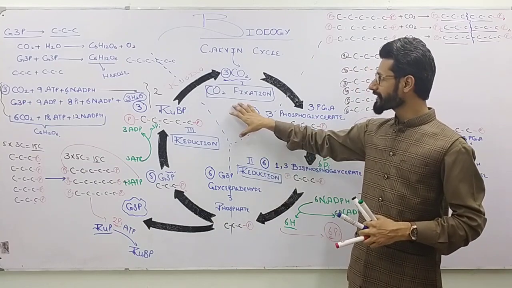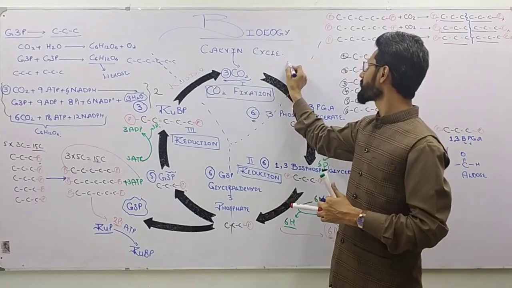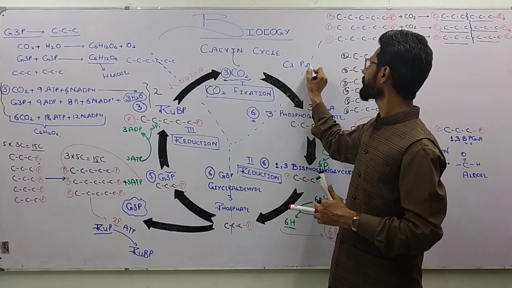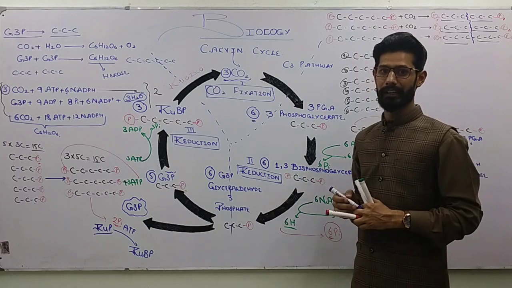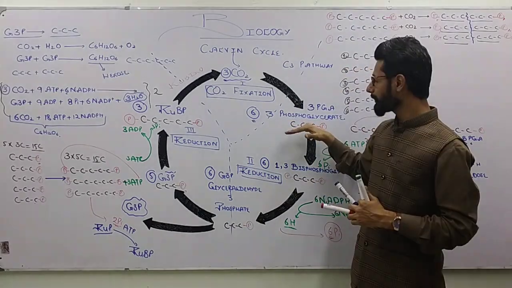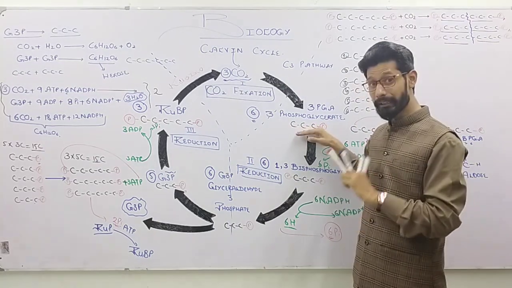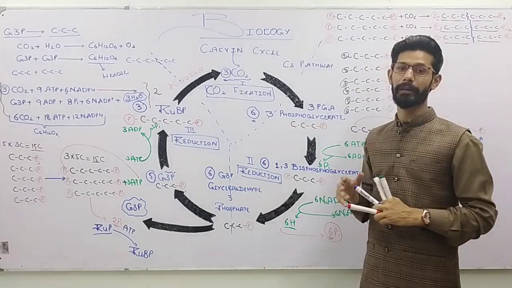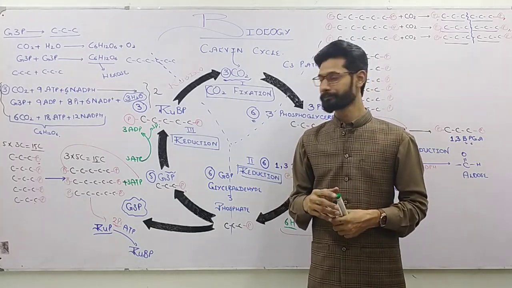This cycle is known as the Calvin cycle, and there is also another name, the C3 pathway, because the first stable compound formed during this cycle is a 3-carbon compound. Therefore, it's known as the C3 pathway.